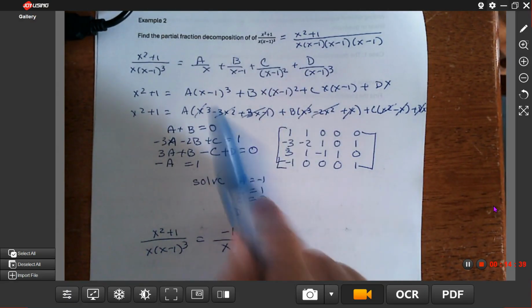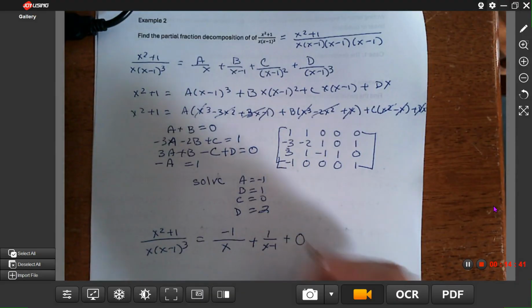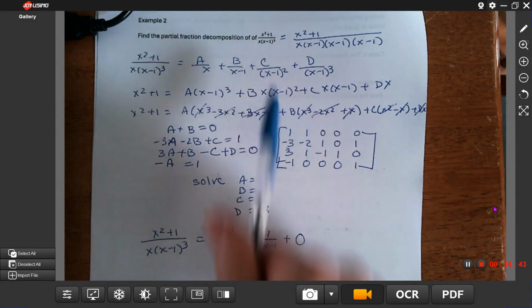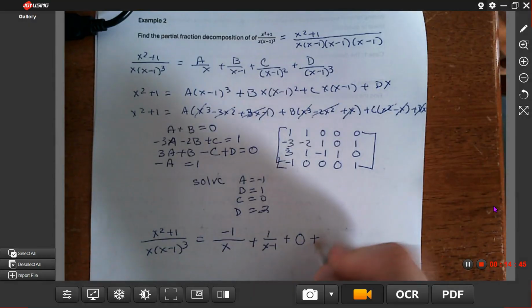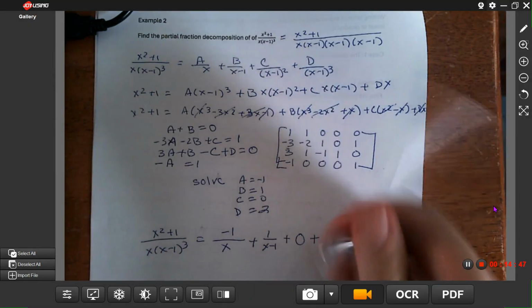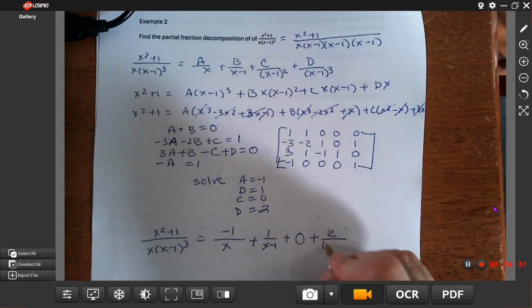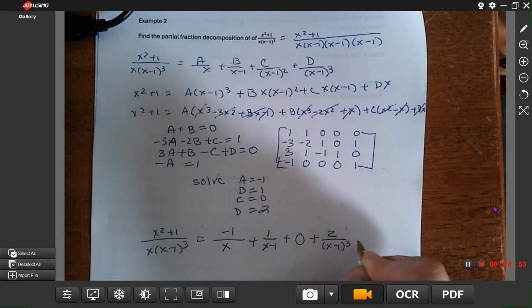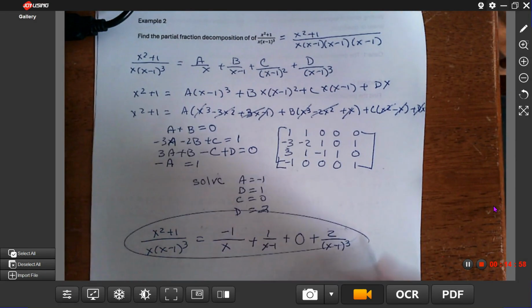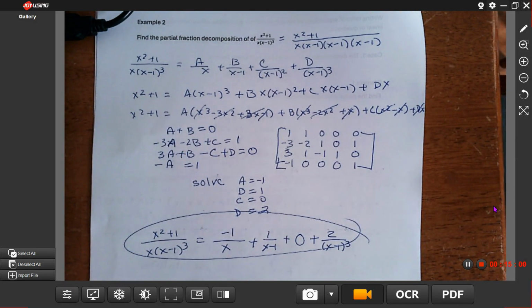And then c, which is 0. So I don't have to write that down, but I'm going to write it to keep track. And then d, which is 2 over x minus 1 to the third. And we did it. Yahoo! Really fun.